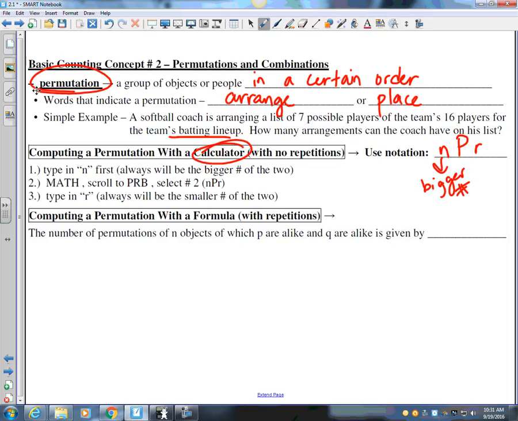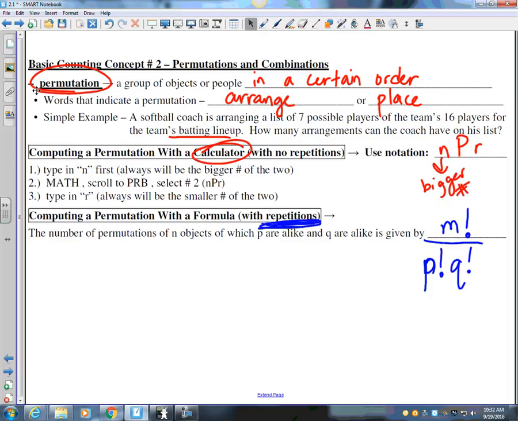Okay, sometimes there are problems where there's repetition, and that one has this formula, which makes no sense until we actually do an example. Oops, this should be a P. So just write it down, but it'll make a lot more sense when we do an example. So math just got exciting.